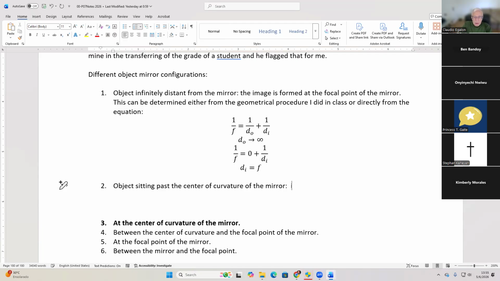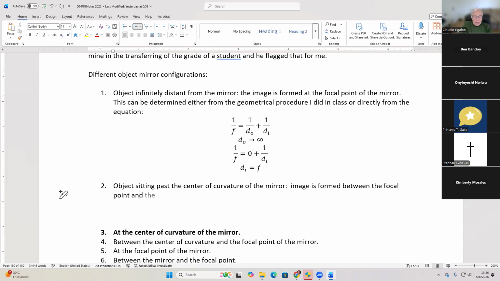The image is formed between the focal point and the center of curvature of the mirror. And that again can be determined from this equation.